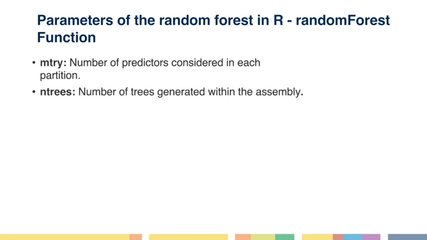We will have to adjust this parameter. Generally, for R, it is the amount of variables in the initial data set divided by 3. That's one of the criteria used by default. And the number of trees that we can build is another parameter that we can identify. R uses by default 100 trees.